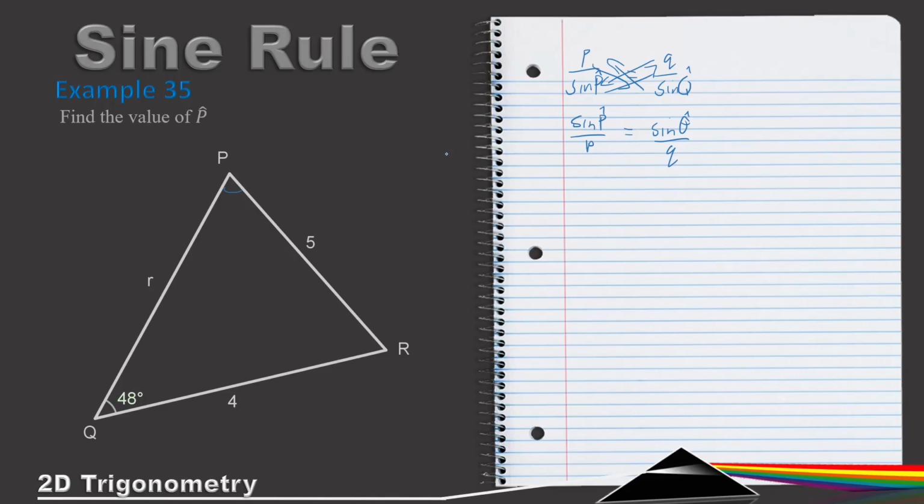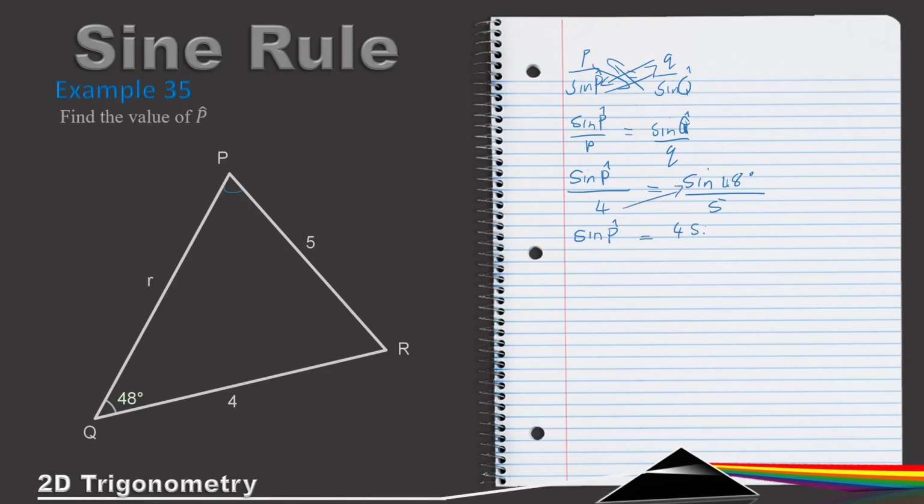Okay, now substituting in the values, we've got sine angle P over P, which is 4, equals sine Q. Oh, I wrote theta again. Sine Q, sine 48 over Q is 5. Okay, solving for sine P is then just take the 4 up.